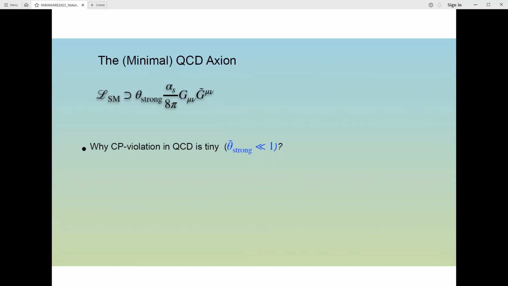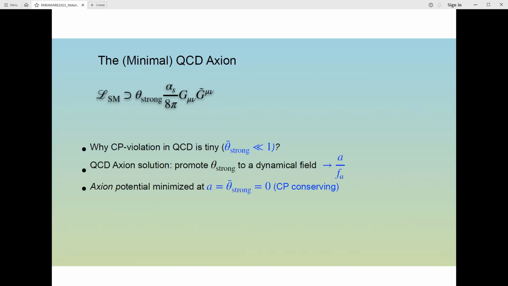CP violation is parameterized by this parameter theta in front of this operator. We know that this is very small in the standard model, and the solution of the QCD axion is to promote this parameter to a field in units of this constant FA, which is called the decay constant. And naturally, the axion potential gets minimized precisely when the axion is 0.